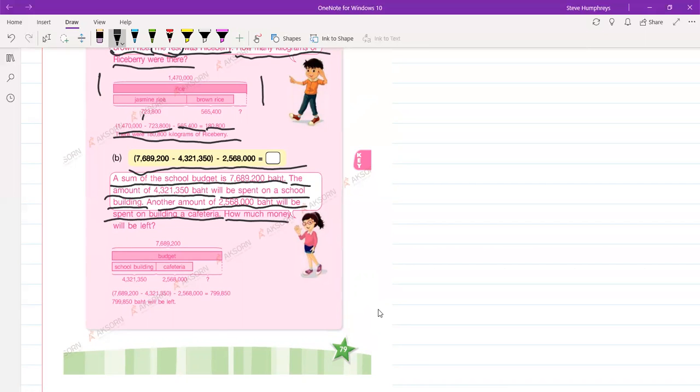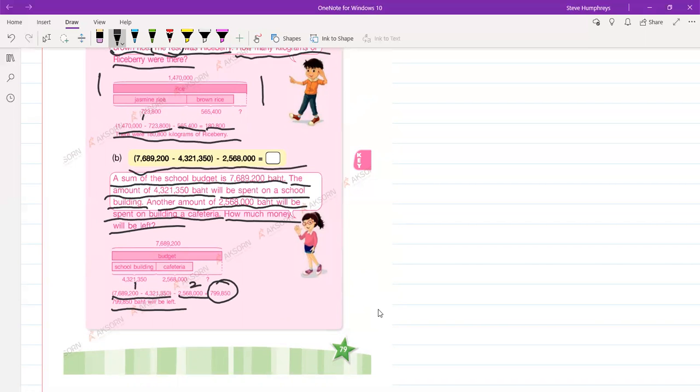How much money will be left? 2 steps, okay? Step 1, there's step 1. Do that calculation, get the answer, then subtract that number. Step 2 will give you that answer. 799,850 baht will be left.